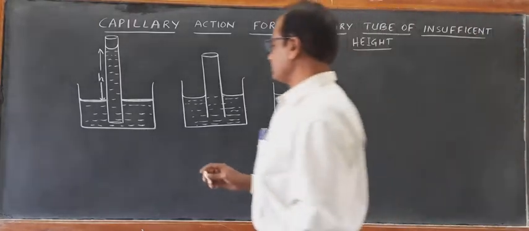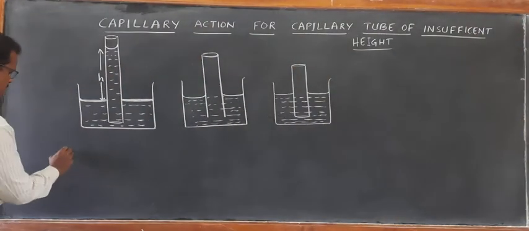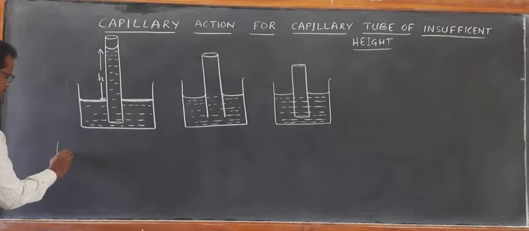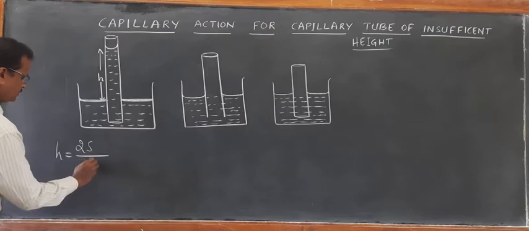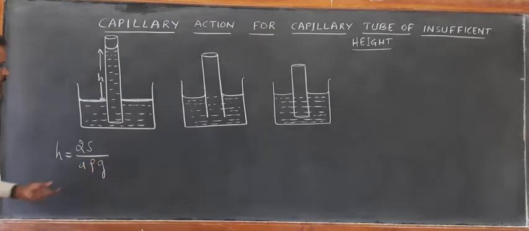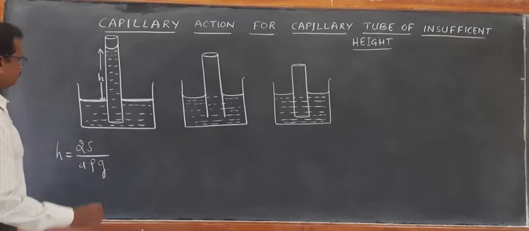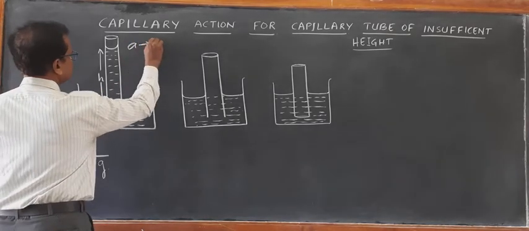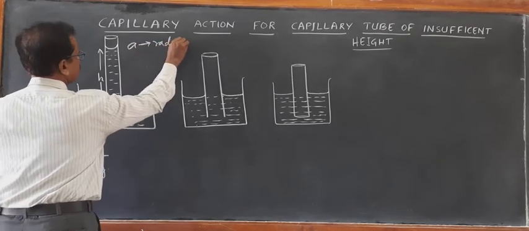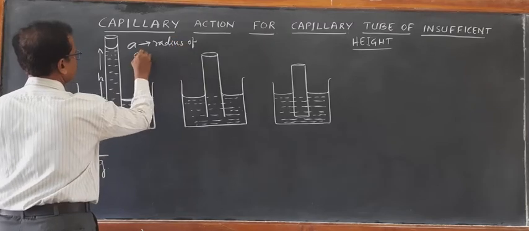The equation for capillary rise is that the height through which the liquid rises is given by 2s upon a rho g, where a is the radius of the capillary tube.